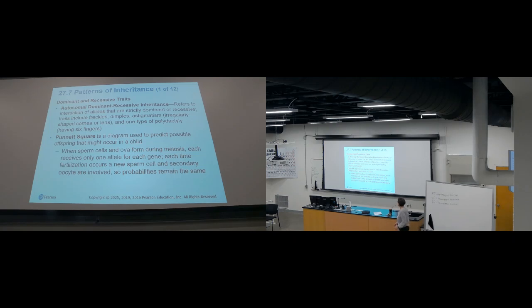So then we have some examples of how to trace the phenotypic expression of genes based on the presence of a particular allele, dominant or recessive. So we have autosomal dominant recessive inheritance.